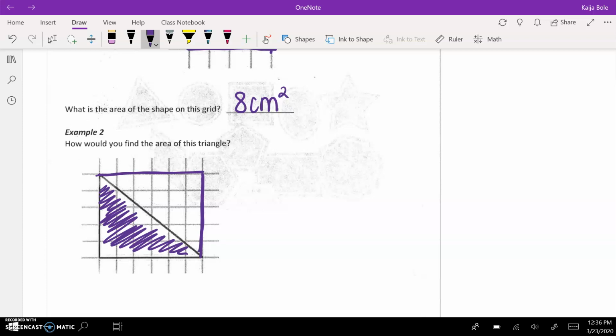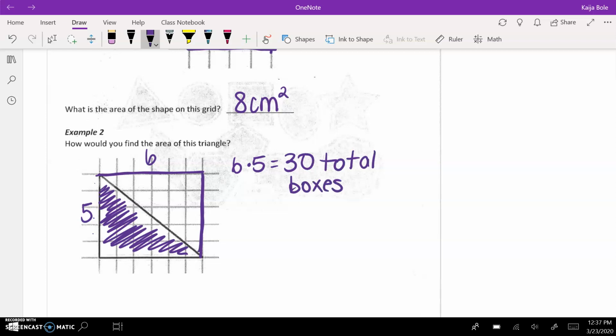Or if you count the lengths of each side, so this side is 1, 2, 3, 4, 5, 6 across. And then going down is 1, 2, 3, 4, 5 going down. Well, you could just do 6 times 5. So we have 6 times 5 is 30 for the total boxes.